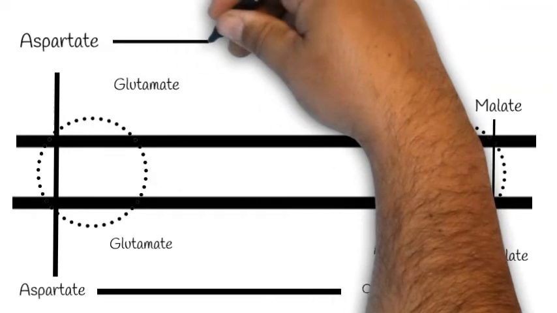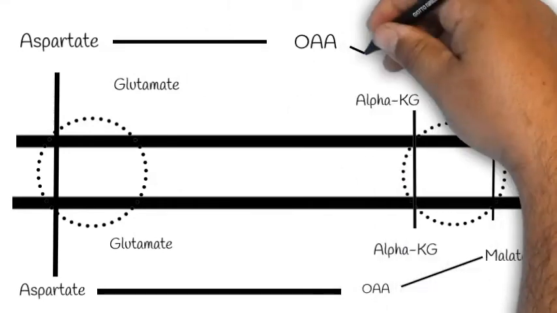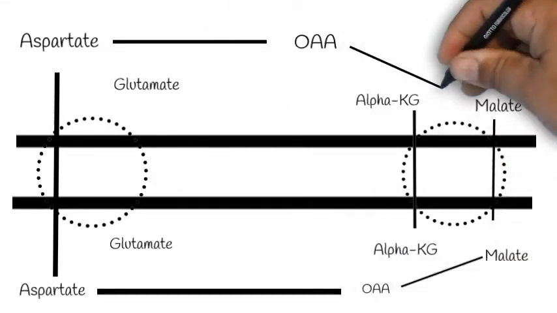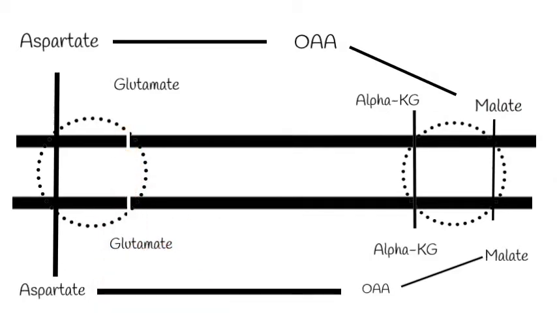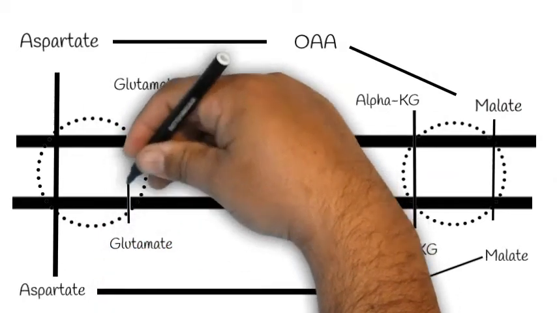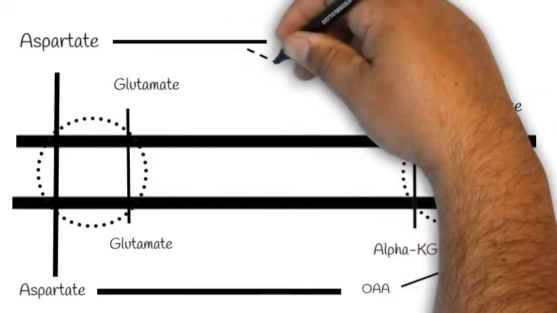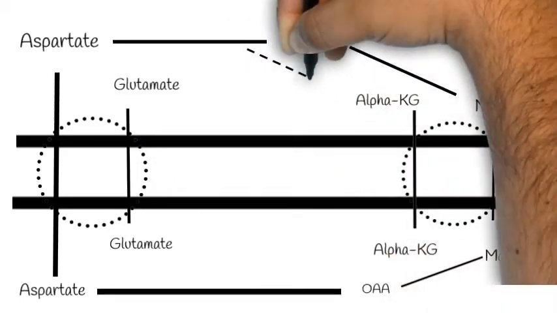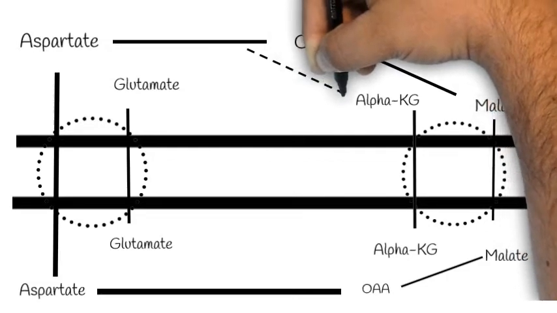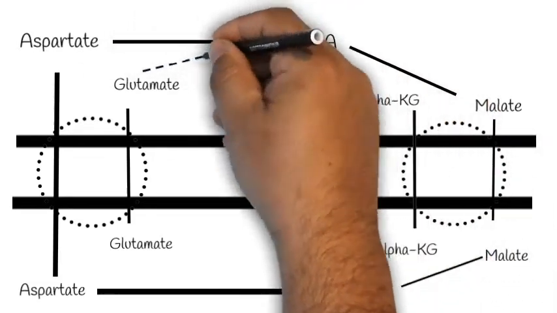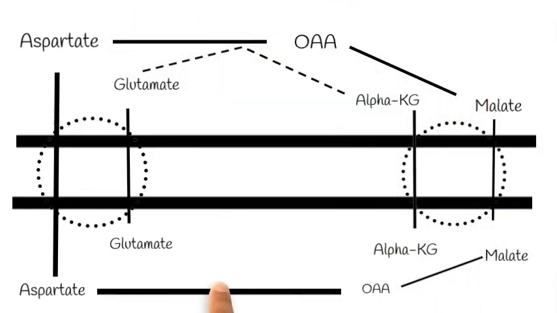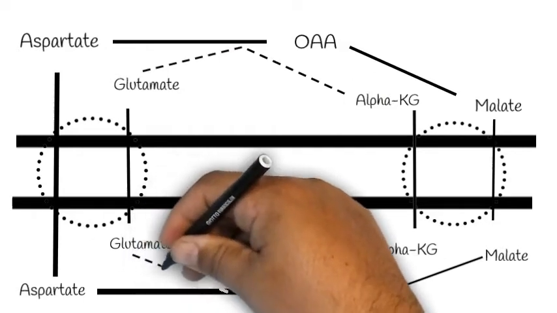That malate is now converted back to oxaloacetate. And in so doing, it transfers its hydrogens back to NAD+, which is inside the mitochondrial matrix.